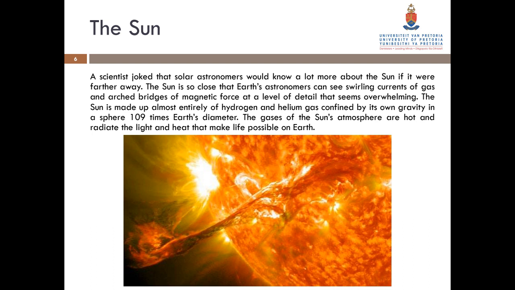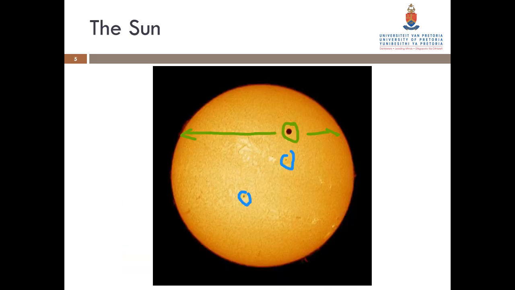The gases of the sun's atmosphere are hot and radiate the light and heat that make life possible on Earth. So something I want to emphasize is, in this diameter of the sun, we can fit 109 Earths next to each other. So the sun is big.